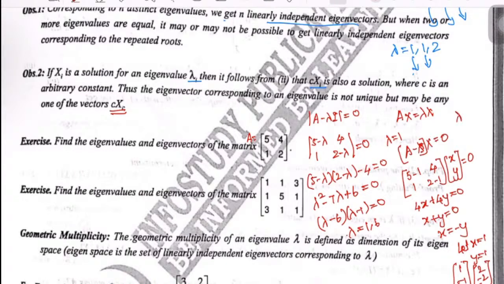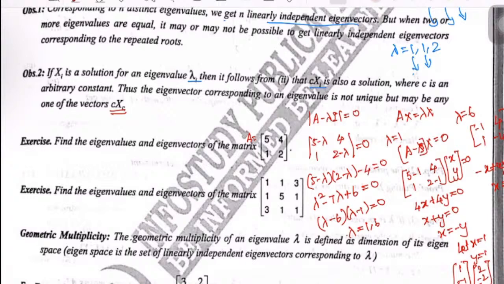Similarly, calculate the eigenvector for lambda equal to 6. So 5 minus 6 is minus 1, 4, 1, 2 minus 6 is minus 4, times x comma y equal to 0. Minus x plus 4y is equal to 0. That is x equal to 4y.